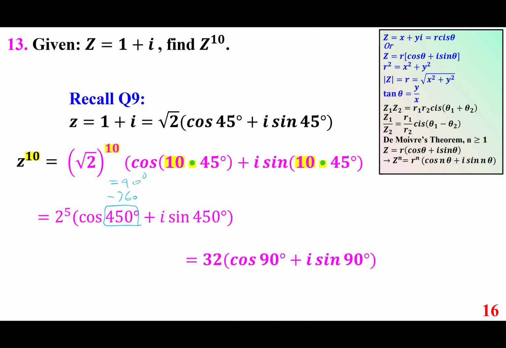As you know, cosine of 90 degrees is 0. Sine of 90 degrees is 1. And we get 32i. I hope you realize the importance of knowing De Moivre's theorem, because otherwise, raising this to the power of 10 takes forever, okay? So it makes it really nice and easy.